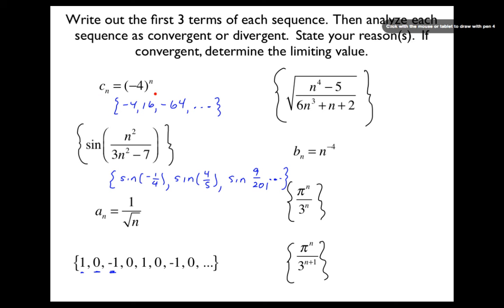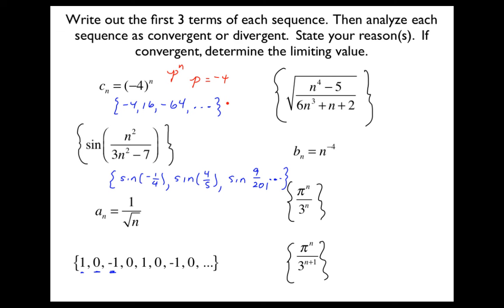What kind of sequence? This was our p to the n, right? So you want to invoke these things that we talked about. You want to say, this is a p to the n sequence, and p is -4. It's not between -1 and 1. It's -4, so it's divergent.